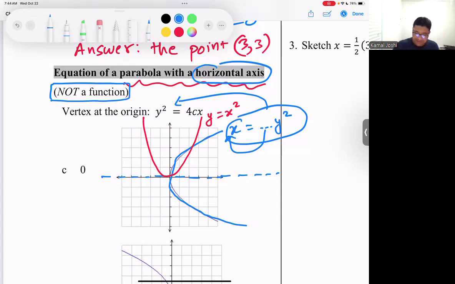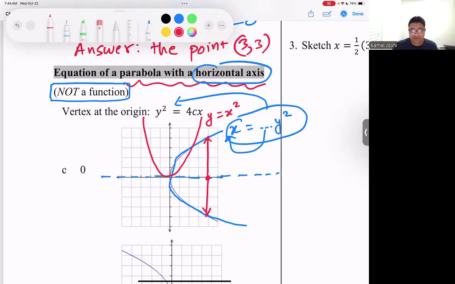You can clearly see, that the parabola with the horizontal axis, if you draw a vertical line, it intersects at a positive value and a negative value, right? So it fails the vertical line test. It is not a function. For the same input x, you have one output up there and another output down here.